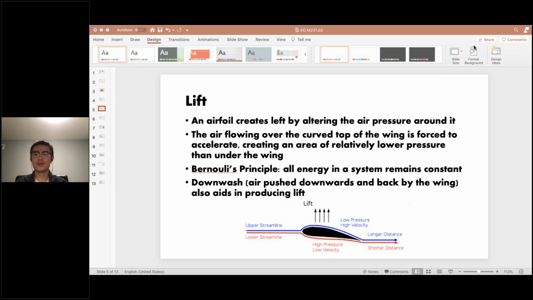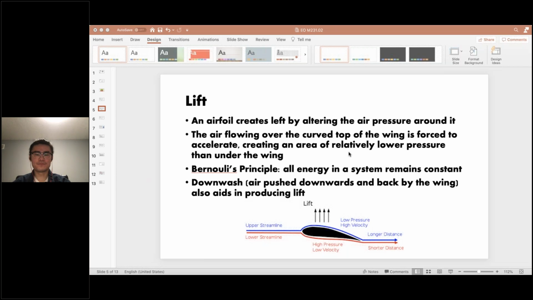So air moves like a fluid. It's kind of like water. And there's this guy, his name is Bernoulli. He's an old guy, he's not with us anymore, but he had a principle. He made a theory, Bernoulli's principle.